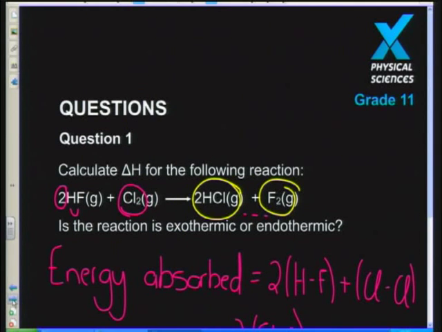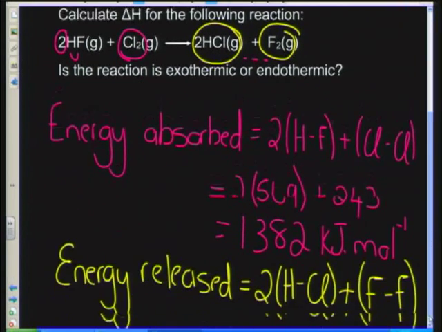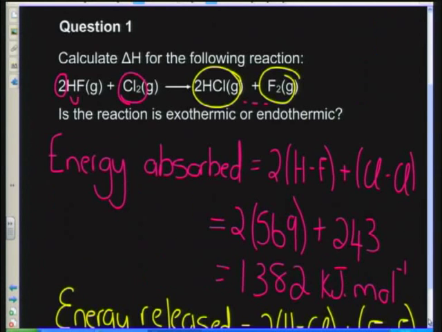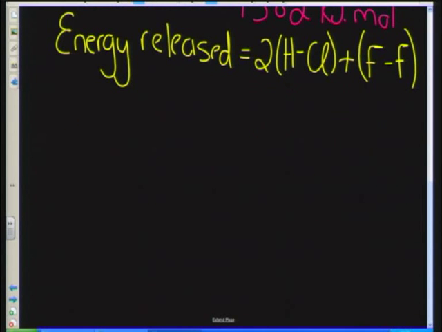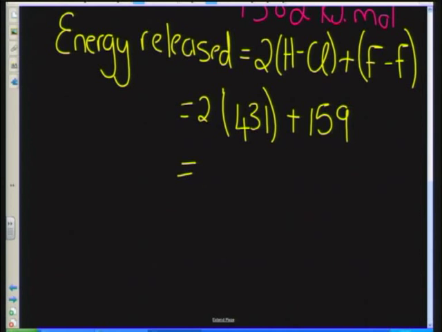Obviously this is a little bit easier in an exam because you have everything together, and you don't have to swap through pages. So now we get 2 times 431 plus 159, and we get 1,021 kilojoules per mole.